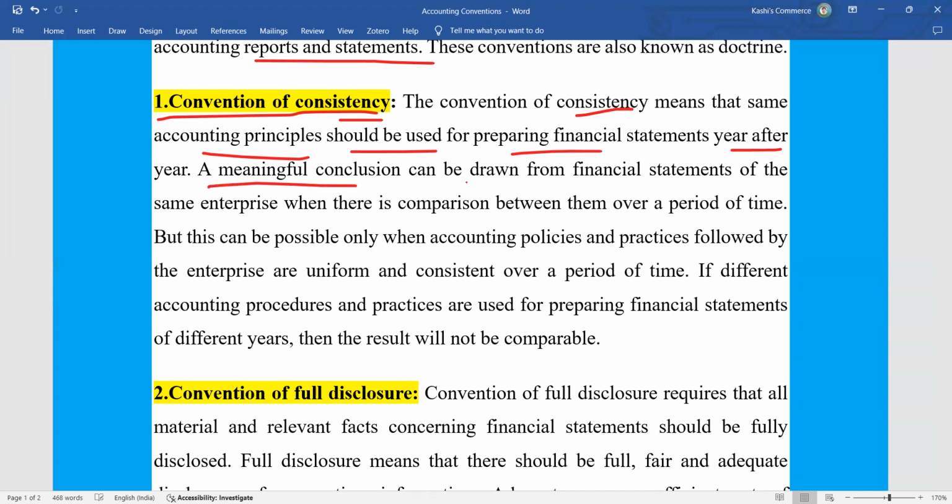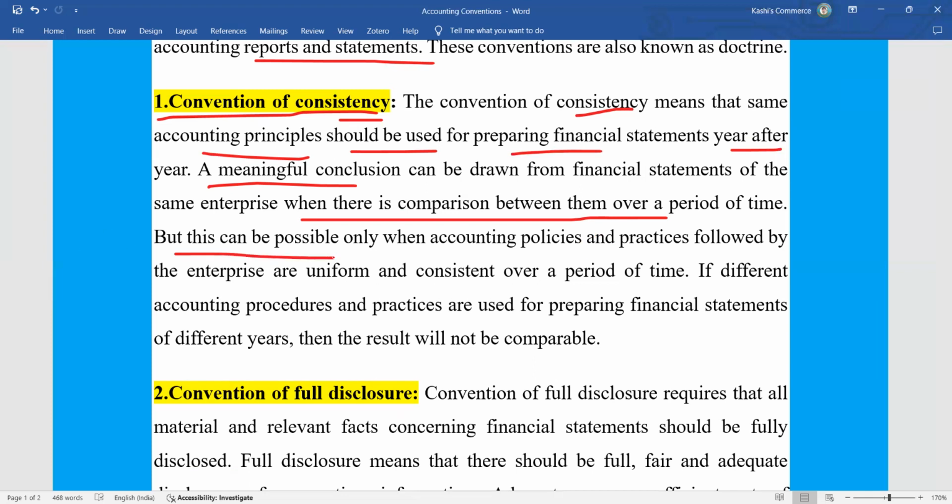A meaningful conclusion can be drawn from the financial statements of the same enterprise when there is a comparison between them over a period of time. If we use this convention of consistency, we can easily compare our financial statements from one year to another. It is very easy for comparing.